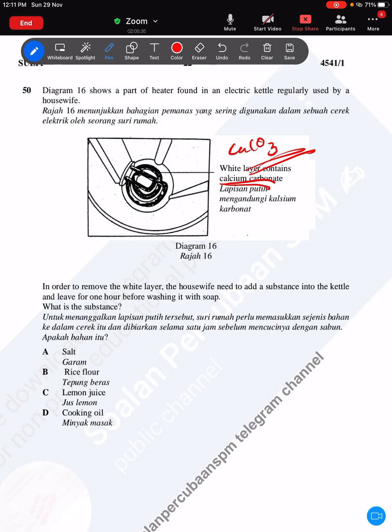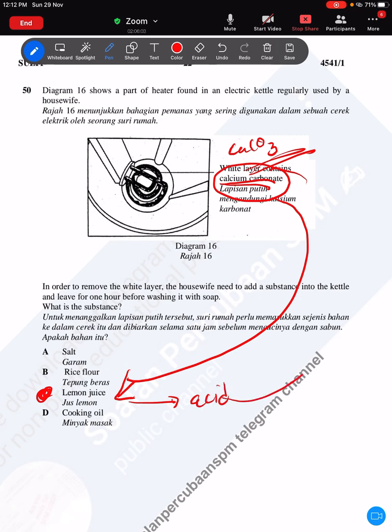When it is hard water, it has calcium and magnesium ions. That's what accumulated and formed something like this. Normally in a kettle. So if you want to remove calcium carbonate, you use what? Lemon juice. Because lemon juice is acid. It will react with this compound and remove the white precipitate.